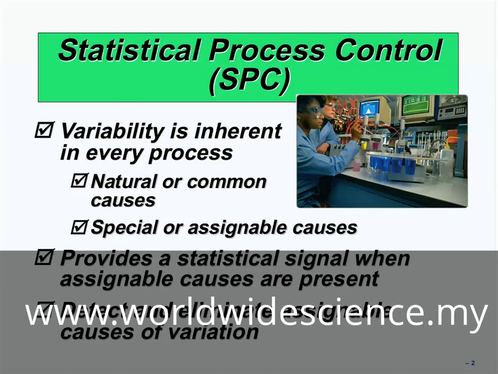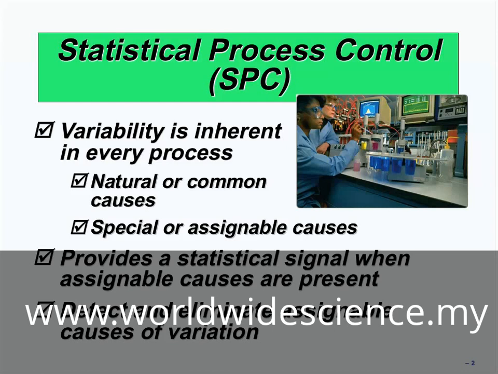Statistical process control provides a statistical signal when assignable causes are present. Detect and eliminate assignable causes of variation. Some of the variation in product or in service is natural. We cannot do anything because it's natural. But some of it is from special or assignable causes.